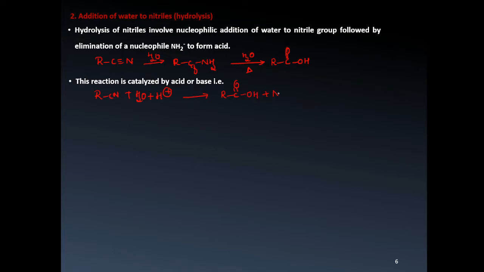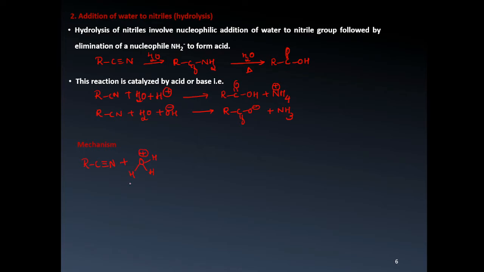Nitrile in presence of water and acids gives formation of acid, RCOOH plus NH4 plus. RCN plus water plus base OH minus gives formation of RC(=O)O minus plus NH3. Mechanism for this: nitrile plus hydronium ion, that is protonated water molecule.